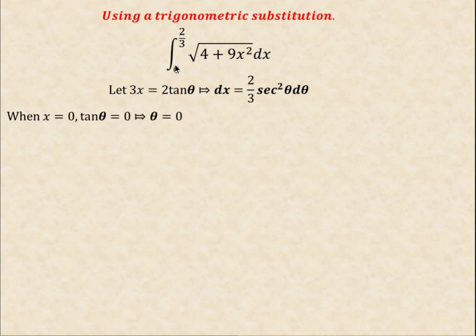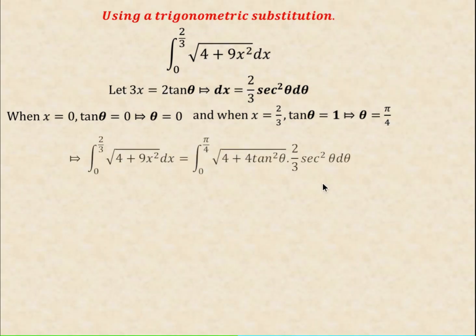We also need to change the limits of the integral to reflect the new variable, and if we start with the lower limit, when x equals 0, tan theta equals 0, and it would follow from there that theta would be tan inverse of 0, which is 0. For the upper limit, when x equals 2/3, tan theta equals 1, and so theta will be tan inverse of 1, which is 45 degrees or pi over 4 radians.